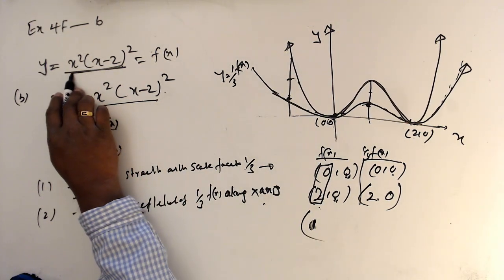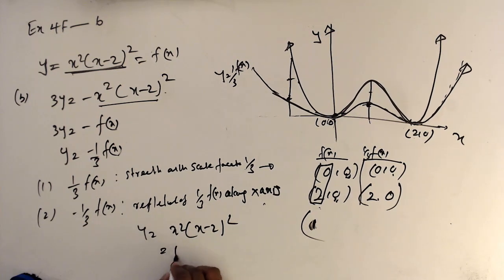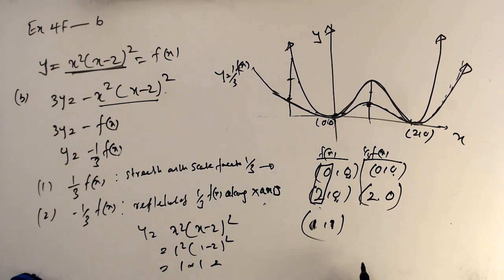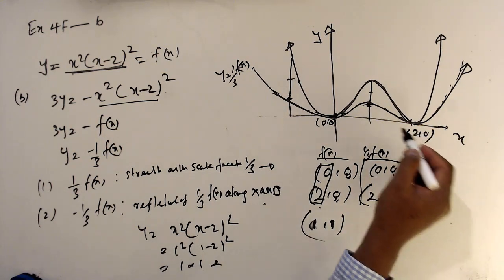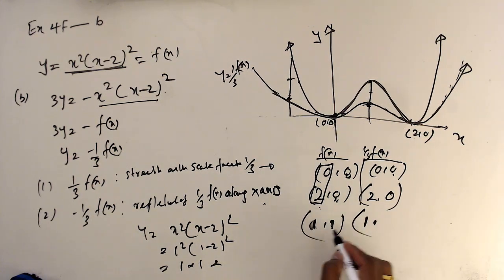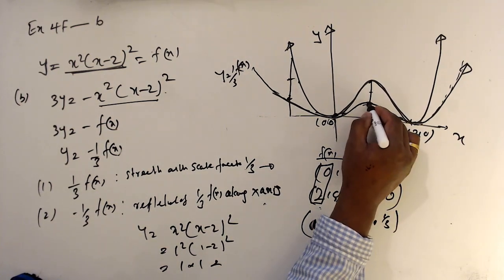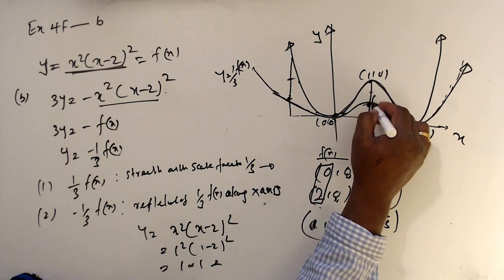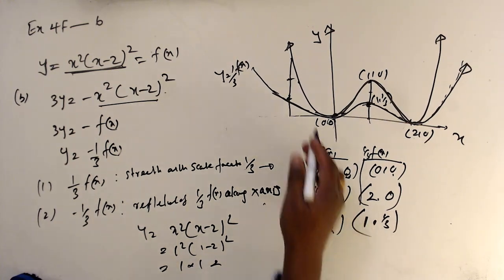When x equals 1, y equals x squared times (x minus 2) squared, which is 1 squared times (1 minus 2) squared, which is (minus 1) squared, which is 1. So (1, 1) is a point. Then this is fixed and this one is multiplied by the scale factor 1/3, so this is the 1/3 point. If you want to take a point, you can work it out or use your general sense.